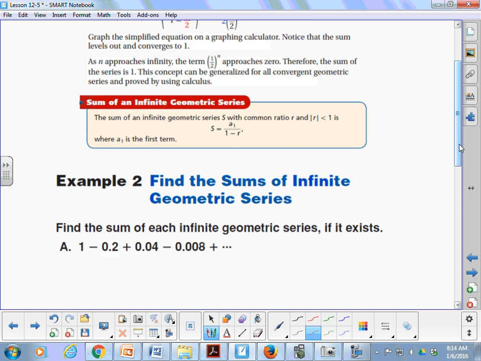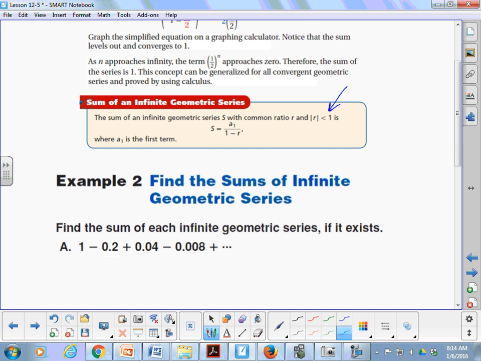And one specific thing is that the absolute value of r must be less than 1, because it has to converge for there to be a sum. If it diverges, there's not a sum. That's just a comma there.